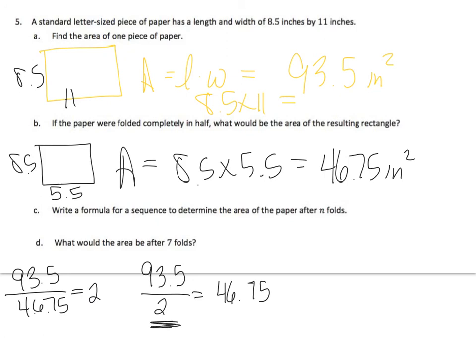Now if we fold that in half again, we would get 8.5 times 2.75. 8.5 times 2.75 is 23.375. So I'm going to see if that equals that.